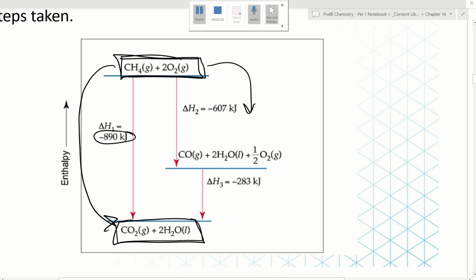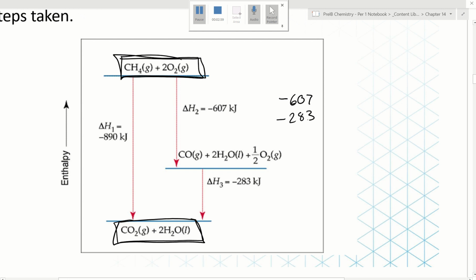The methane and the oxygen can be converted into carbon monoxide and water and half an oxygen to then become carbon dioxide and water. So it can actually go through two pathways. Well, in the second step here, it goes here and then to there. So if I add all that together, it equals negative 890.